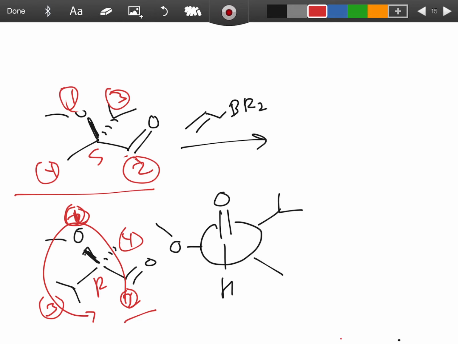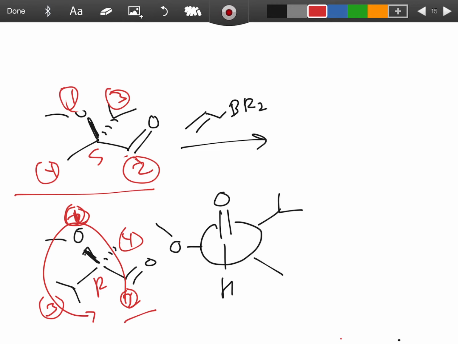So if, for some reason, like I just did, you screw up your priorities, as long as you screw them up the same way on both, on the chiral center that you're determining and the one that you're drawing in your model, you're going to end up with the right answer, right? Because you're going to get all the groups in the right place. But I should do it right, whatever.